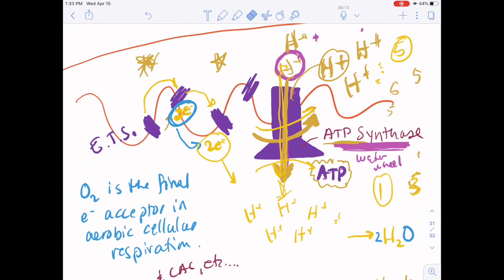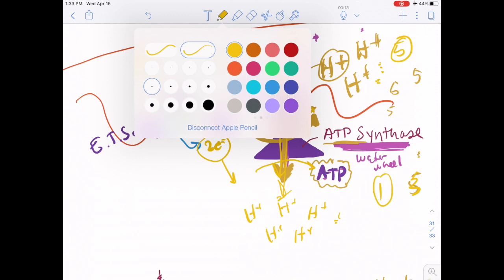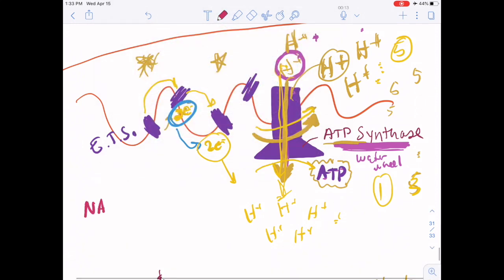In fact, let me erase all this stuff over here. If the gradient equalizes and there's no oxygen there, NADH and FADH2 are like, hey, come on, electron transport system, we want to give you some hydrogen atoms in the form of electrons and protons.